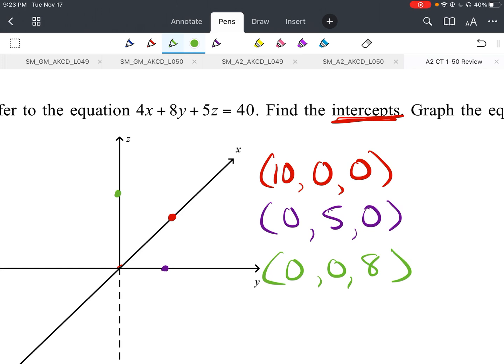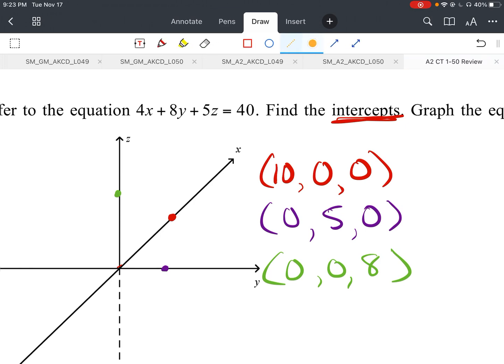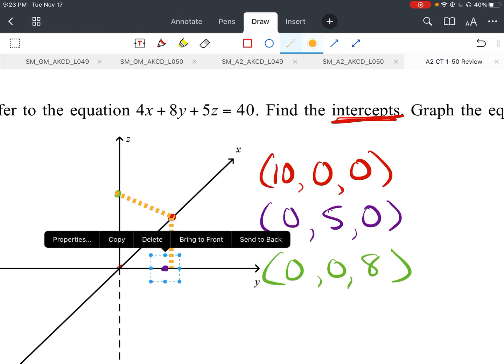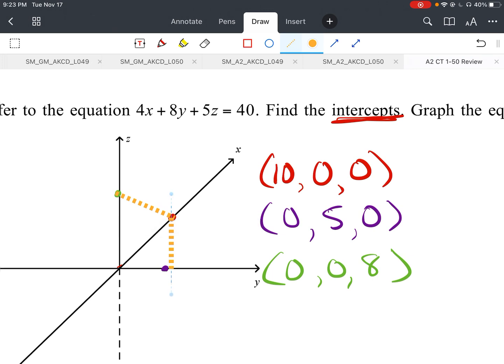Now, just like a line is in 2 dimensions, a plane is in 3 dimensions. So this is going to be kind of hard to draw, but essentially we're going to connect these dots here. Let's see if I can connect them. Quit snapping.